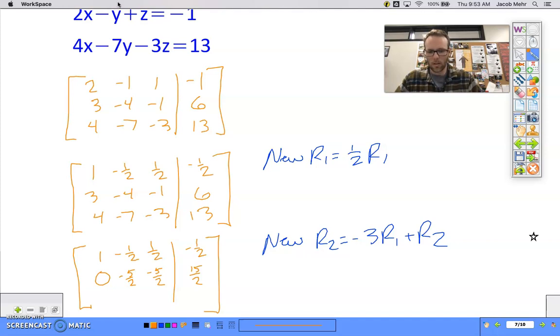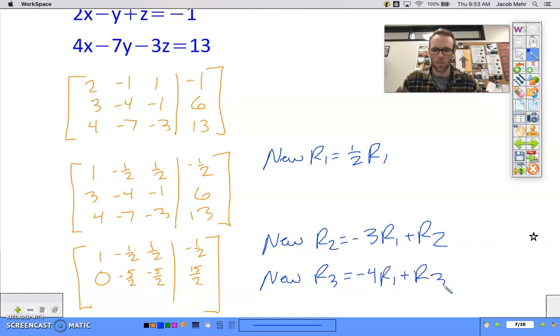All right. Now we're going to make this next spot a 0, our new row 3. And how are we going to do that? Let's take negative 4 times row 1 plus row 3. Negative 4 times 1 plus 4 is 0. Negative 4 times negative 1/2 plus negative 7 is negative 5.